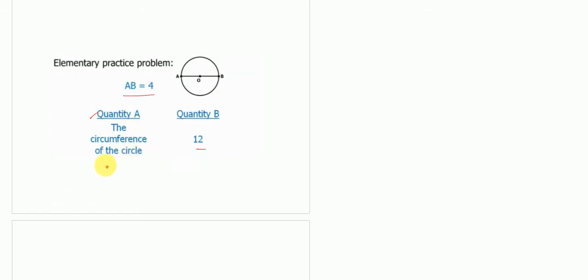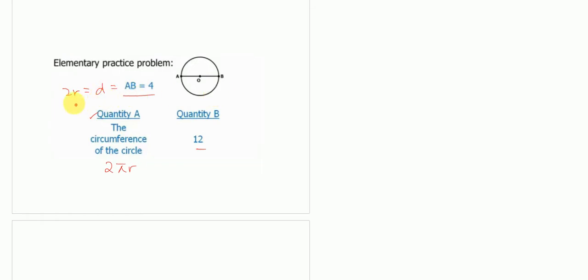The circumference of the circle is equivalent to 2 pi times r, where r is the radius. Now remember that AB, since it's the diameter, I can write as d, or I can also write it as twice of r.